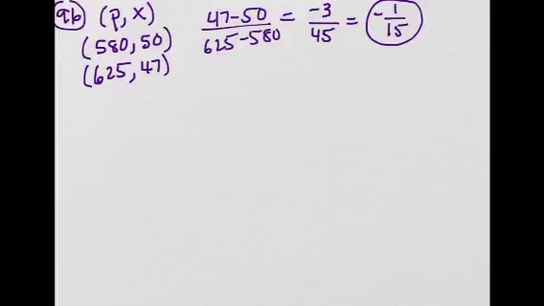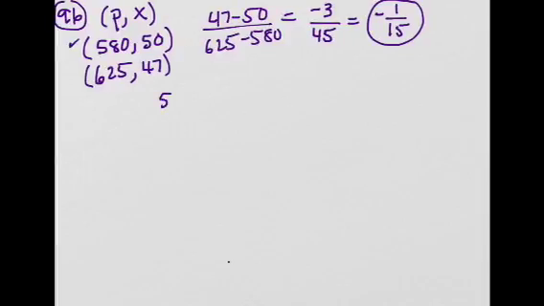So from here we're going to write an equation. You pick whichever point you want. I'll just pick this one right here. So 50 equals negative 1 over 15 times 580 plus B. So I'm going to divide 15 into 580 to see what I get, and then add it to both sides of the equation.